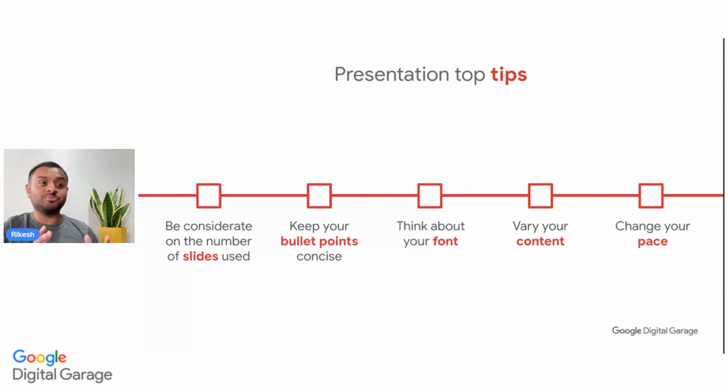But from a presentation point of view, they're hard for an audience to read. So we want to make sure that we keep it simple and very legible in general as well. Vary up your content as well. So not only have text on screen, but also intermix some photos, maybe videos if relevant to do so as well. And also change up your pace, something that we'll talk about in the final part of this session when we talk about presentation skills as well.